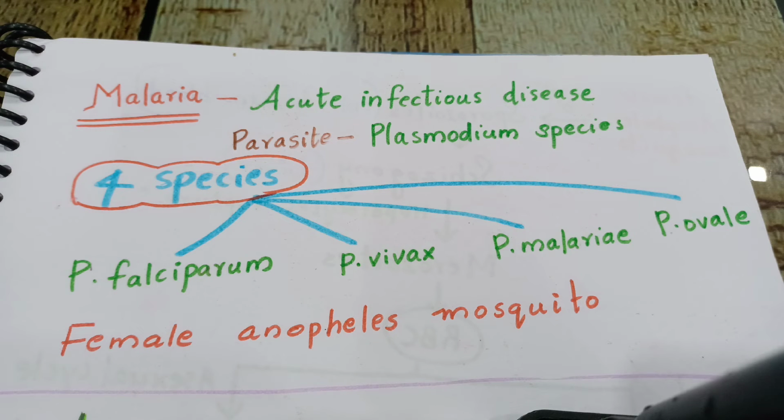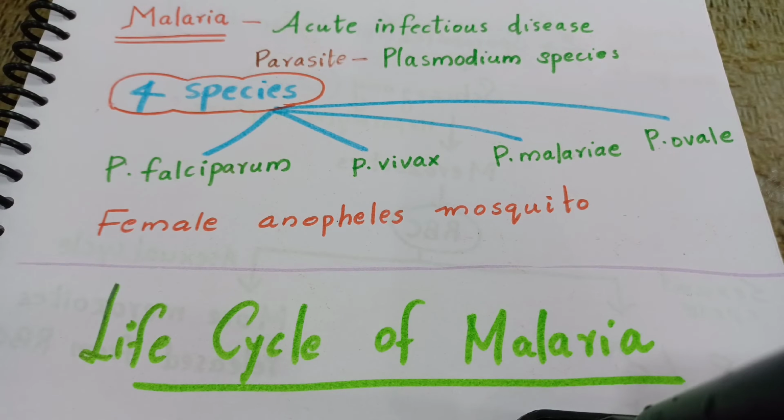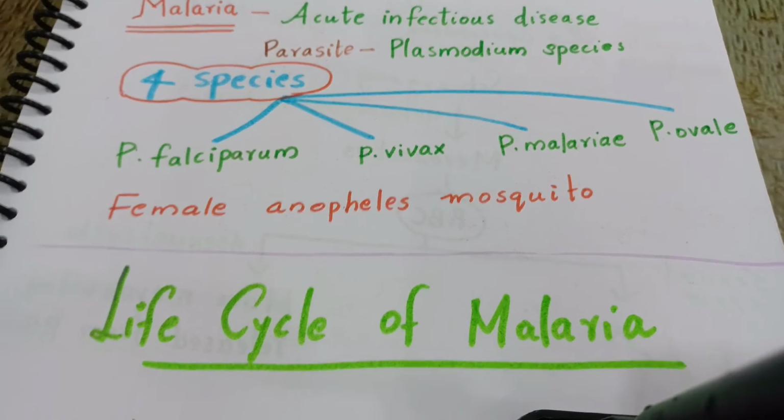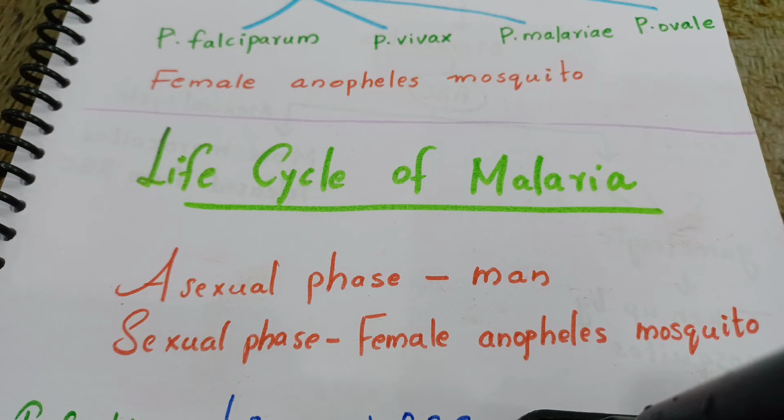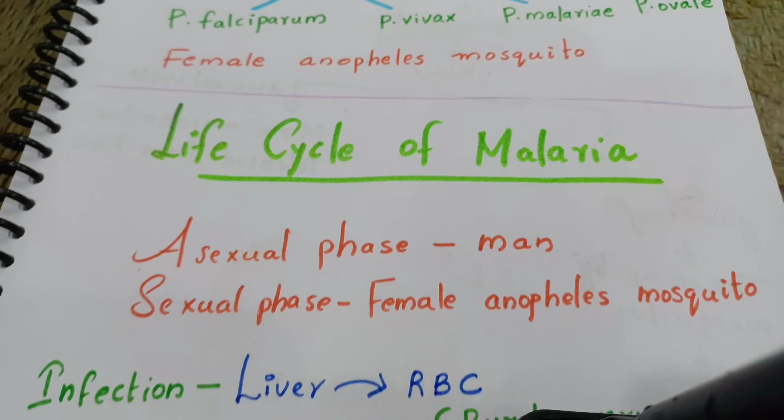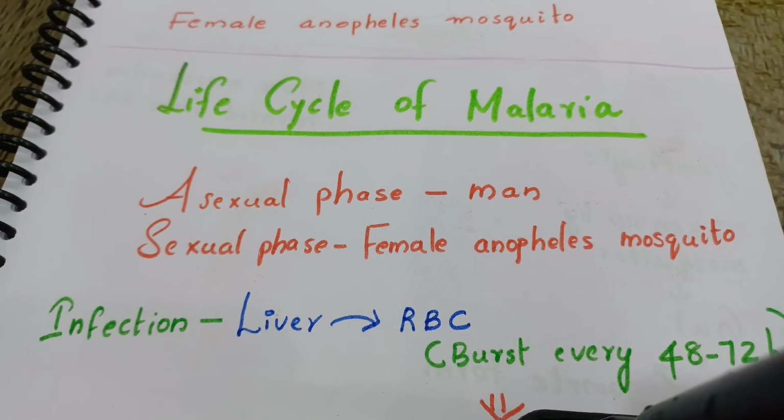Now let's see in detail the life cycle of the malarial parasite. These parasites spend an asexual phase in man and a sexual phase in the female Anopheles mosquito. You'll see what I'm talking about when we go into the details. The infection develops in the liver, okay?